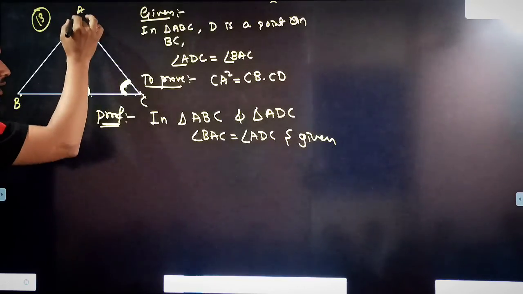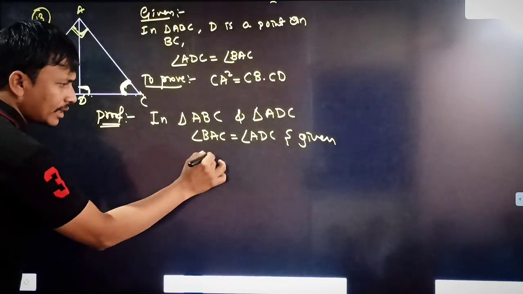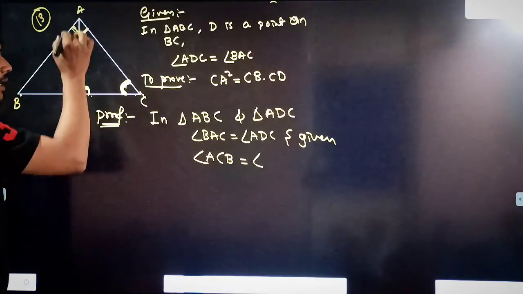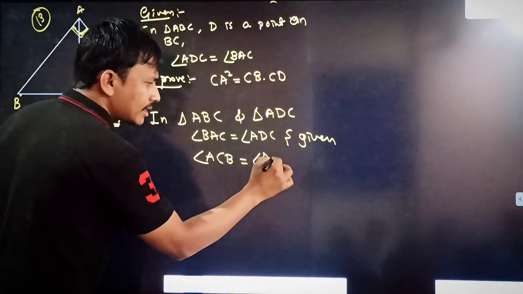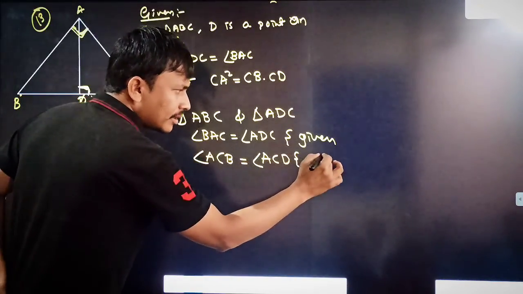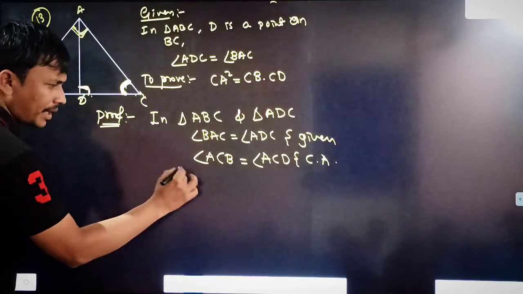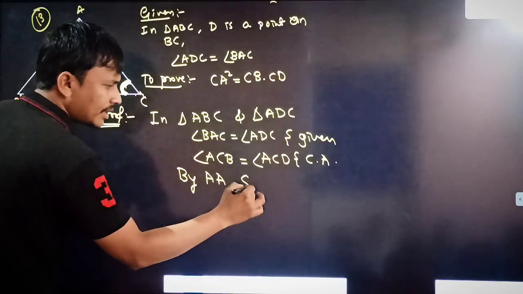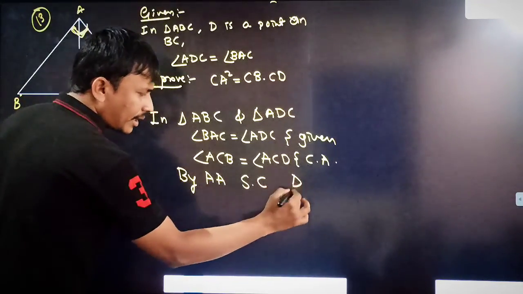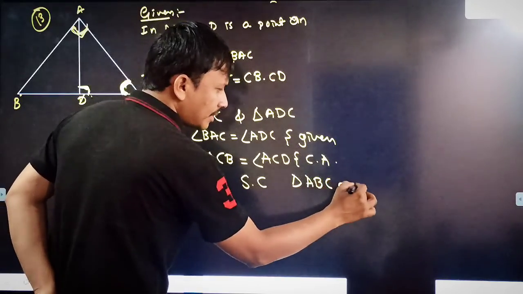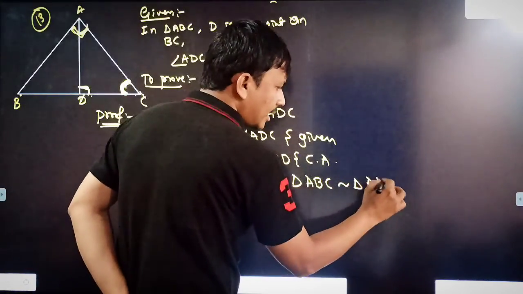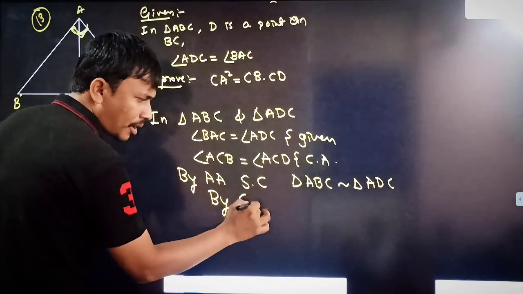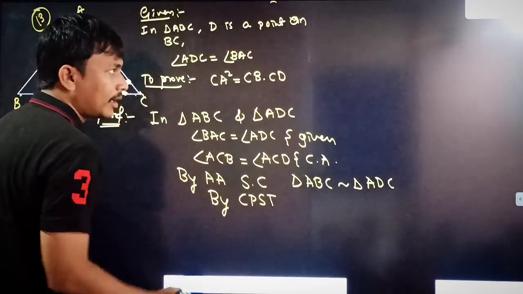Therefore, angle ACB is equal to angle ACD. What is this? Common angle. By AA similarity criterion, triangle ABC is similar to triangle ADC. By CPST, corresponding parts of similar triangles, what we can write?